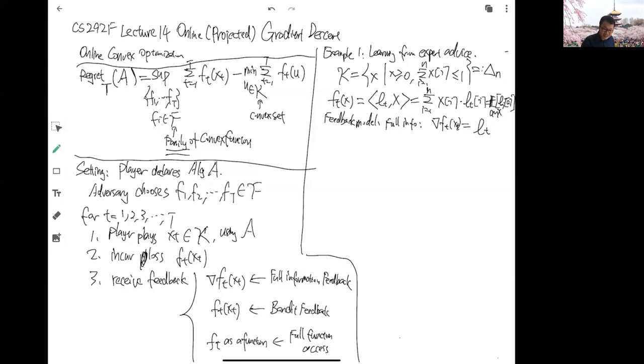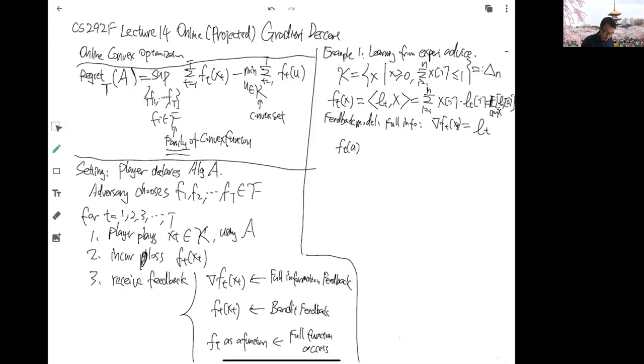On the other hand, sometimes if you are a big player, or if it takes you some amount of money, and on any single day you can only get the advice from one of the experts rather than all of them, right? So in that case, all you can observe is the feedback corresponding to your choice, right?